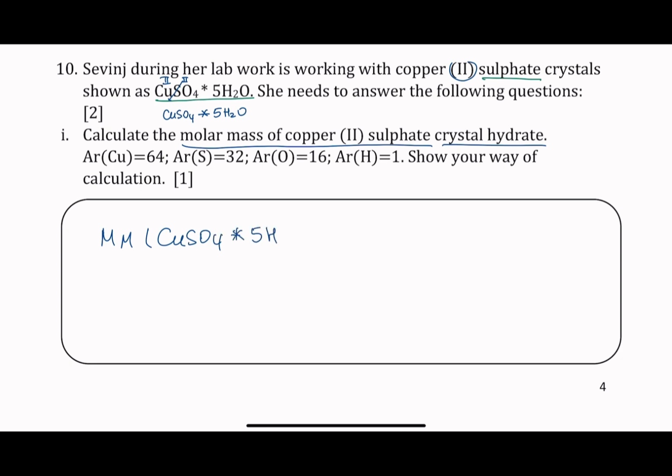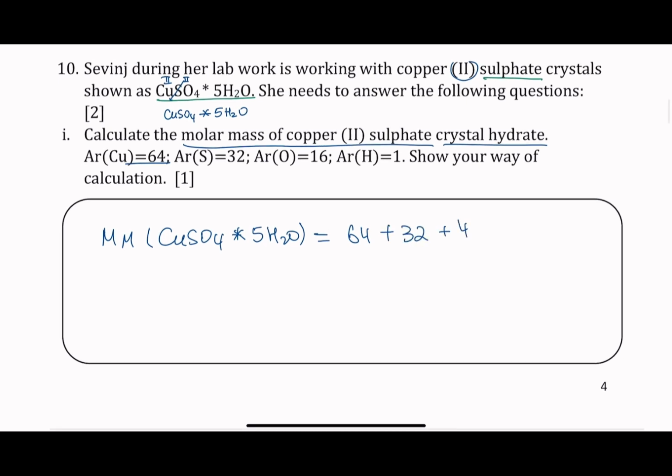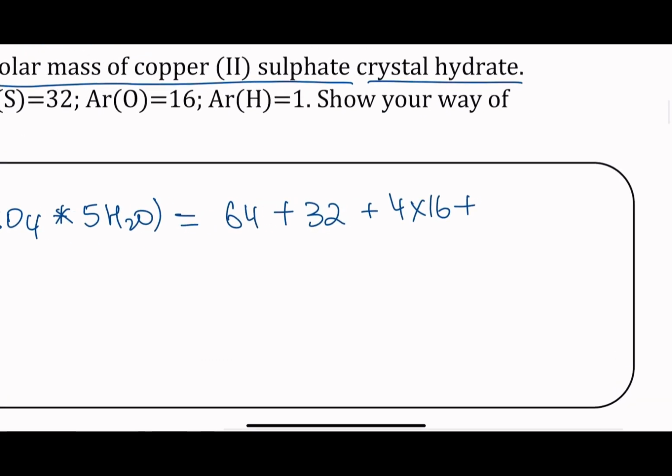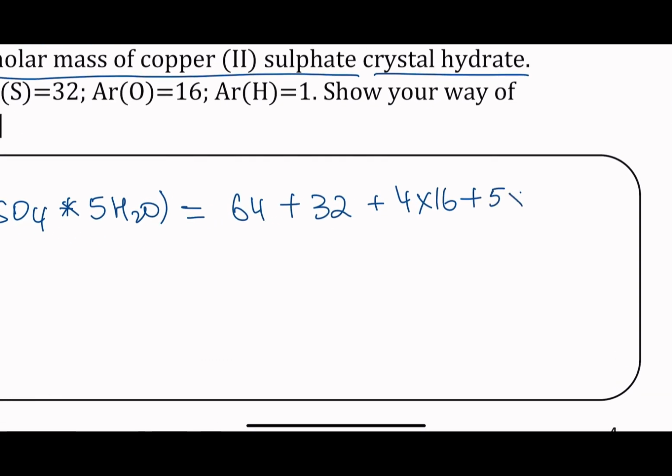this water. So copper, you can see from here there's 64, sulfur is 32, oxygen is 16, so 4 times 16 plus hydrogen, we have how many? So we got 5 moles of water, so it would be 5, multiply in the brackets 2 hydrogens plus 1 oxygen.